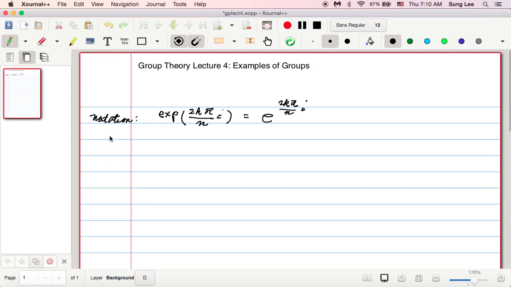Okay, and let us consider this equation here. z to the power 6 equals 1. So let's solve this equation.